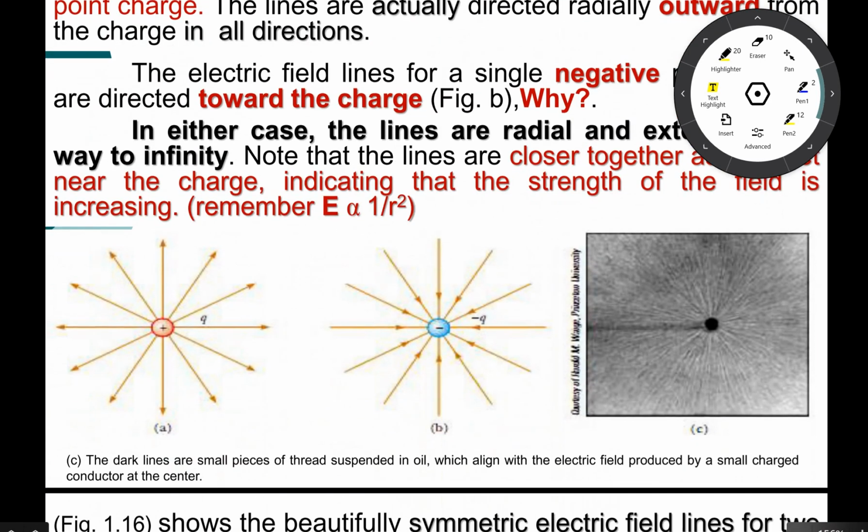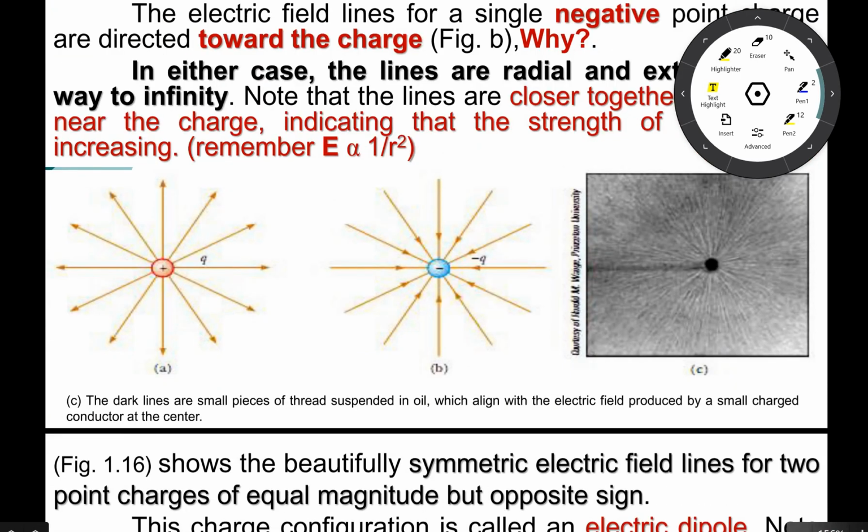To draw these field lines, if we have a positive charge at the center here and we use a test charge, the force between the test charge and this positive charge is a repulsive force.